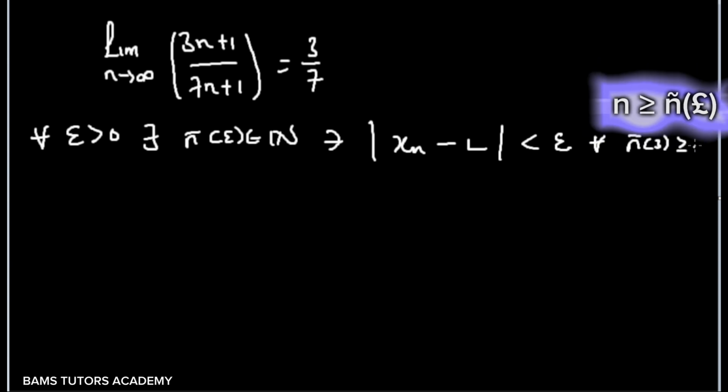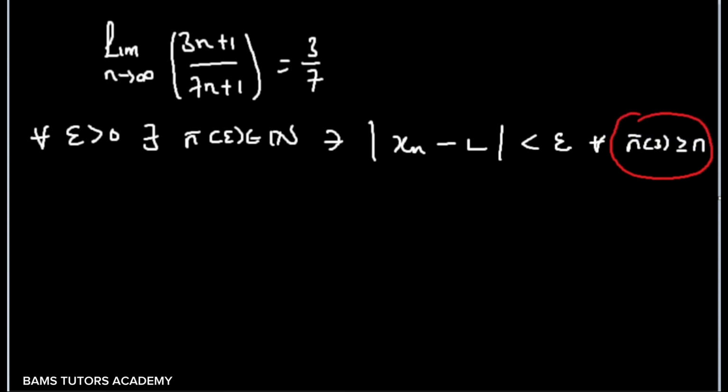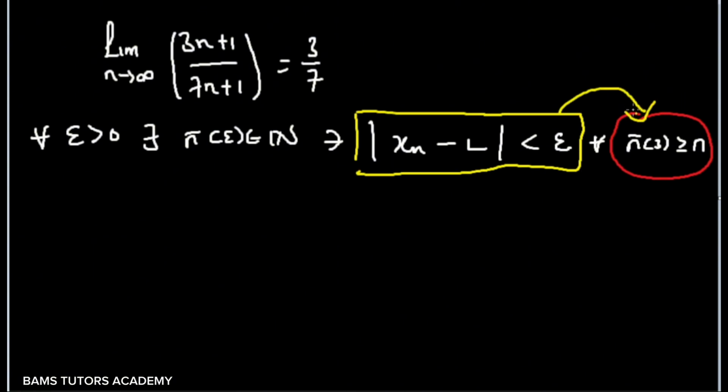So this is actually what I want to show. If I'm able to achieve this, then I'm done. So let's put in all the values. I will just have to work with this particular expression, and if I can get this, I am done.